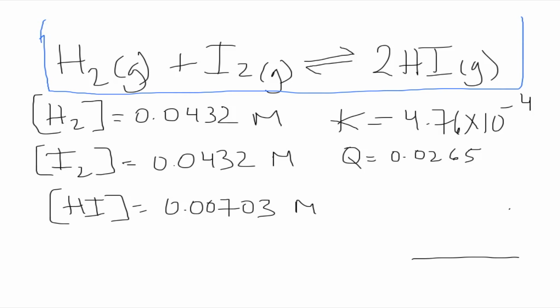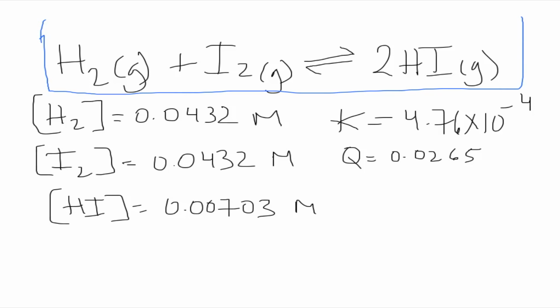Okay, so we have this reaction and we're asked to find the equilibrium concentrations for the following conditions. So our reaction is hydrogen gas reacts with iodine gas to form 2 hydrogen iodide in gas form, and we have that the concentration for hydrogen and iodine, which are the same, is 0.0432 molar, and for hydrogen iodide that is 0.00703 molar.